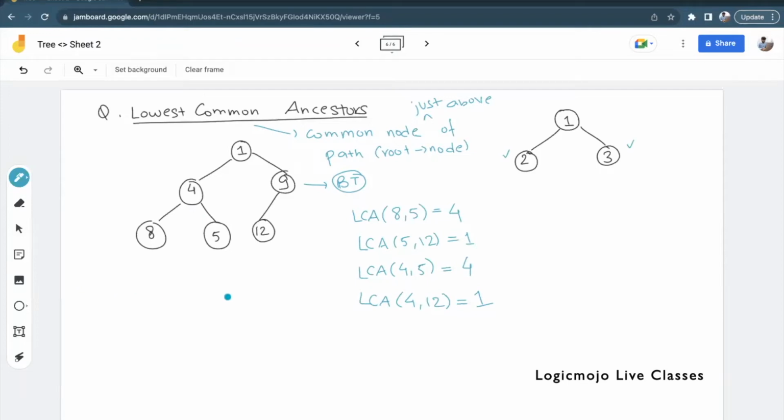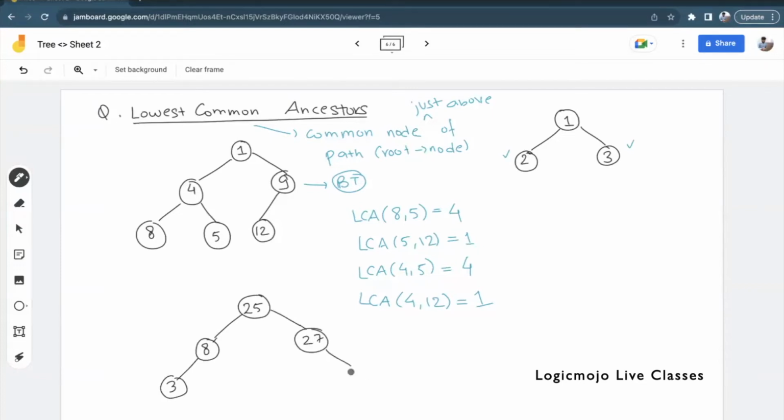So let me write it. Consider we have a node 25. And then we have the node here, which is 8. And one node which is 3. And here we have a greater value, so consider 27.